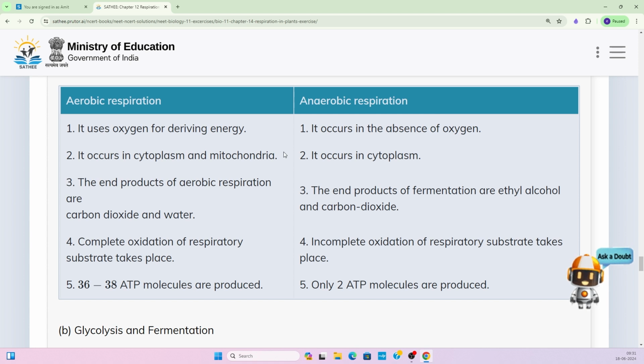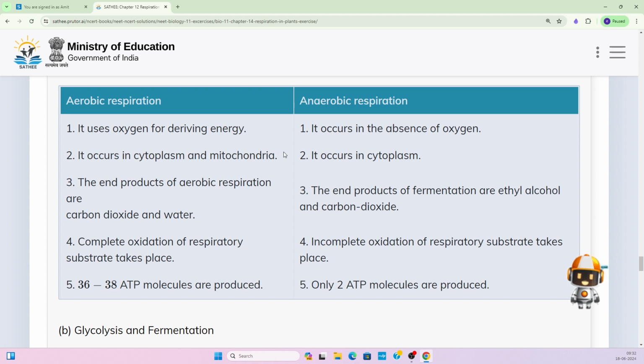The third difference is the end product. What will be the end product of aerobic respiration?